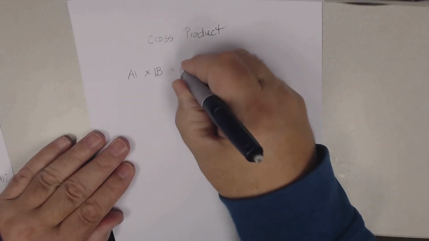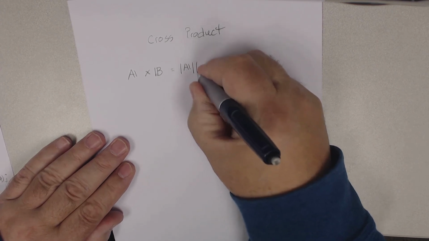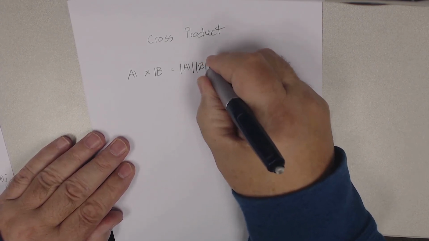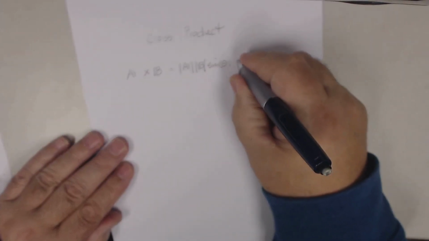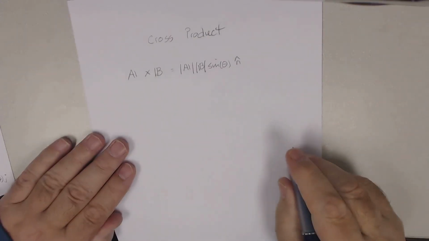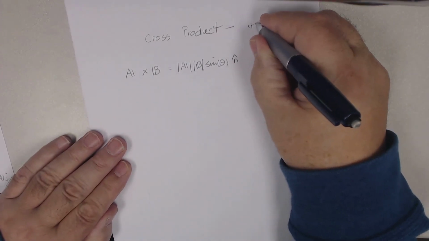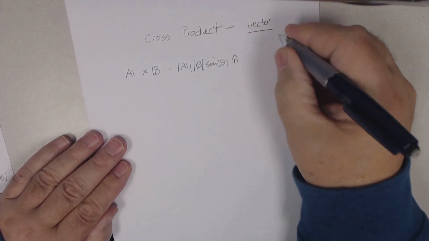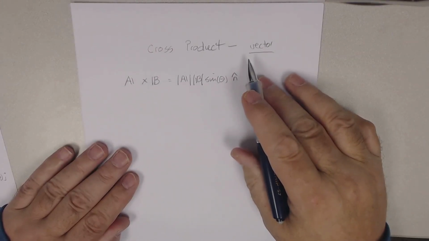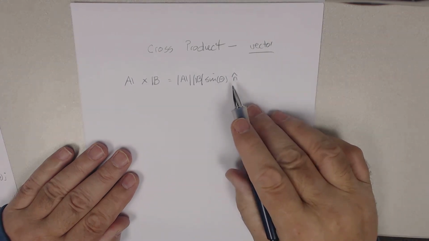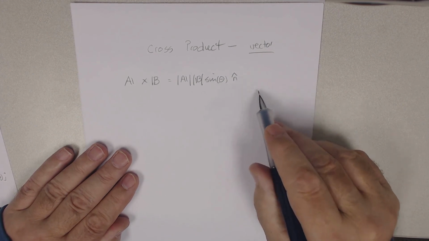That's equal to the magnitude of A and the magnitude of B times the sine of the angle between them, times a unit vector, because a cross product yields a vector. It doesn't yield a scalar like a dot product does. When you put a little hat on something, that's another notation for a vector.